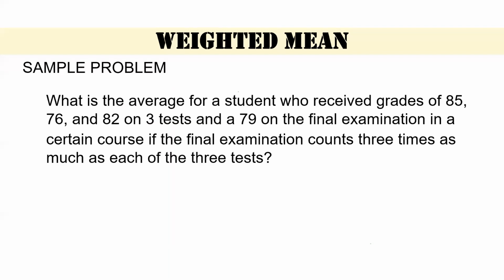For example, what is the average for a student who received grades of 85, 76, and 82 on 3 tests, and a 79 on the final examination in a certain course, if the final examination counts 3 times as much as each of the 3 tests?